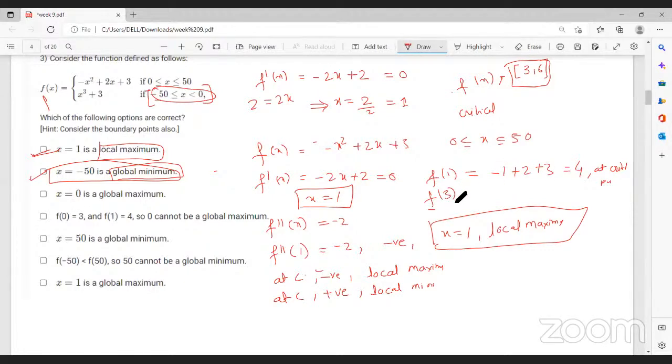Now, in order to check whether we have the global maximum or minimum, just put the end points, that is the boundary points, in f of x.